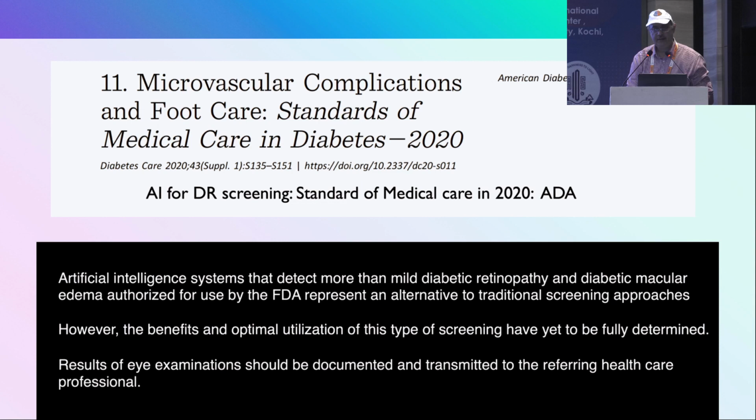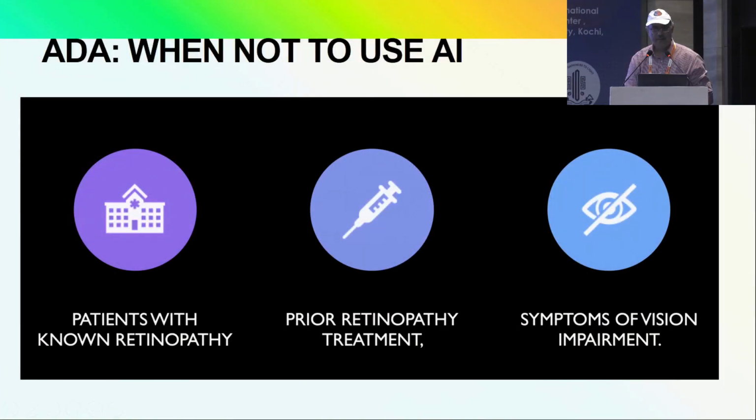As the American Diabetes Association says, artificial intelligence can be used as a predictive tool, and the benefits can be used. But where AI is not to be used is if the patient is a known case of diabetic retinopathy, if there is a prior treatment, or if there is visual impairment.